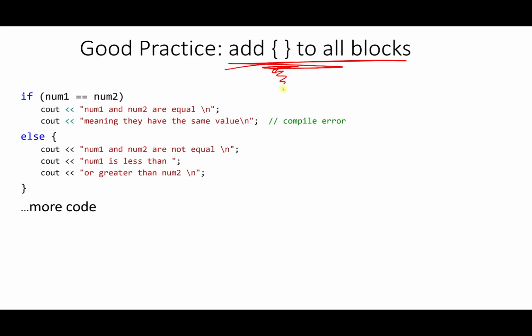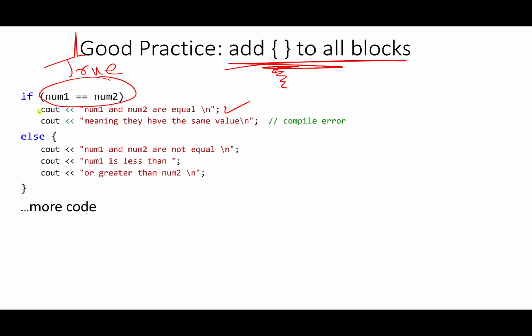Now, why did I say always add those? Because let's see it this way. If this evaluates to true, then you have a compilation error. If this evaluates to true, then what you say is execute this line, only this line, remember? Why only this line?